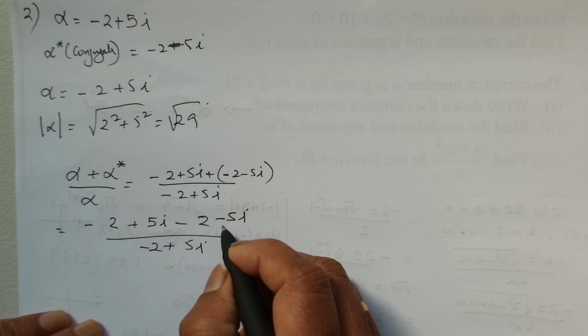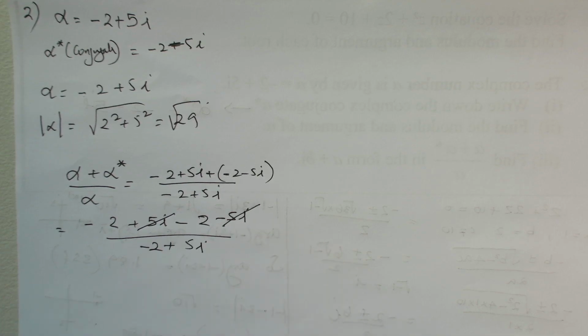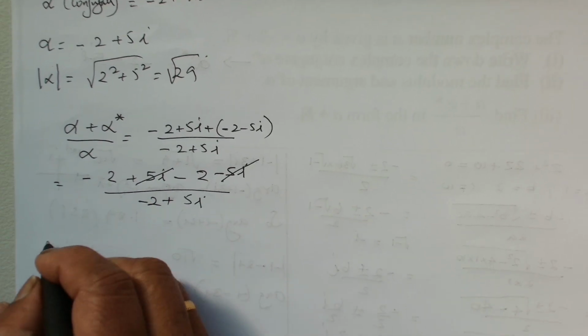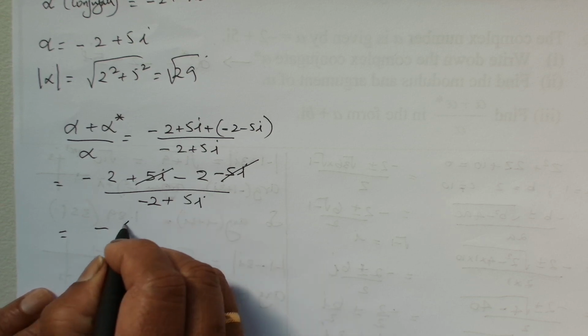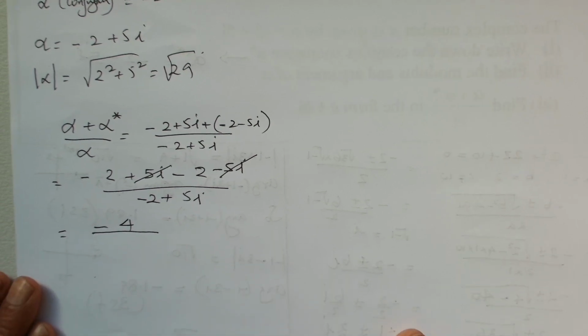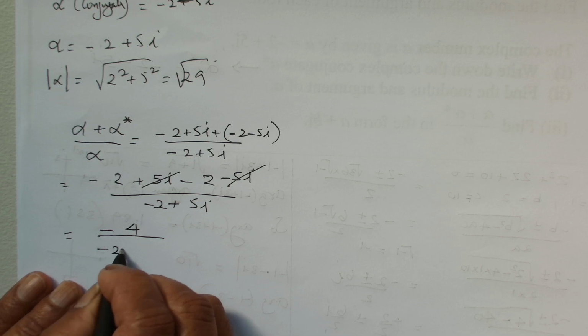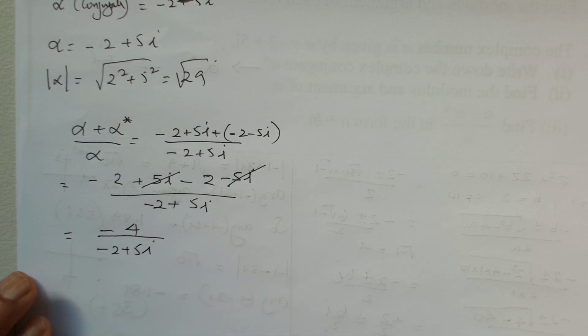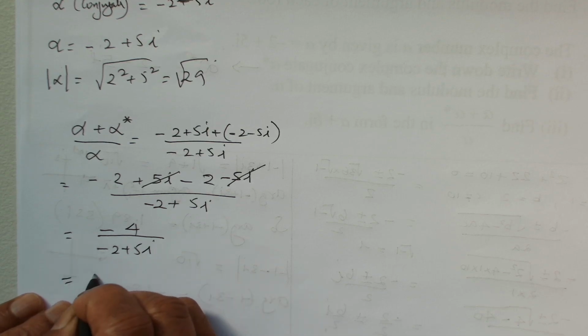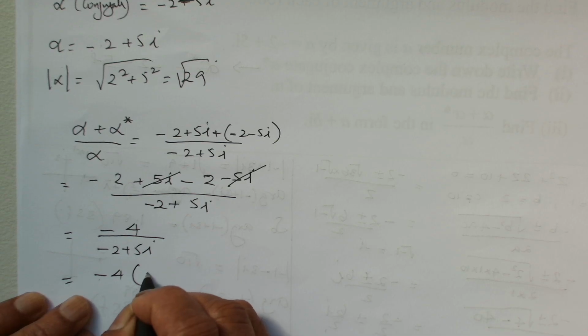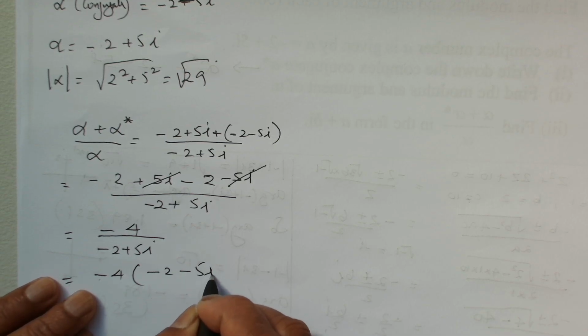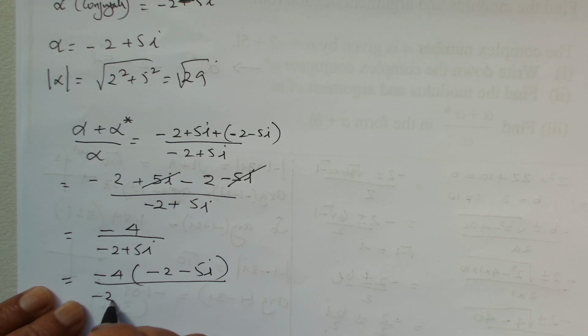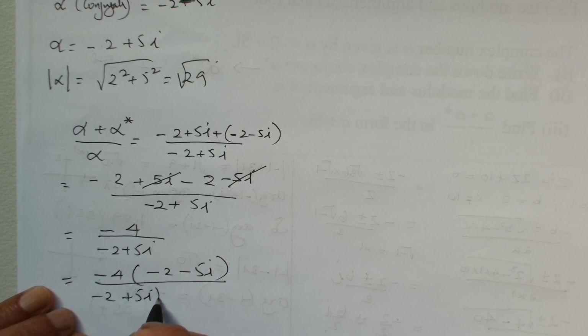You can see this one and that one cancel out. Therefore, minus 4, everything divided by minus 2 plus 5i. We can now multiply by the conjugate of the denominator, which will be minus 4 multiplied by minus 2 minus 5i, and minus 2 plus 5i multiplied by minus 2 minus 5i.